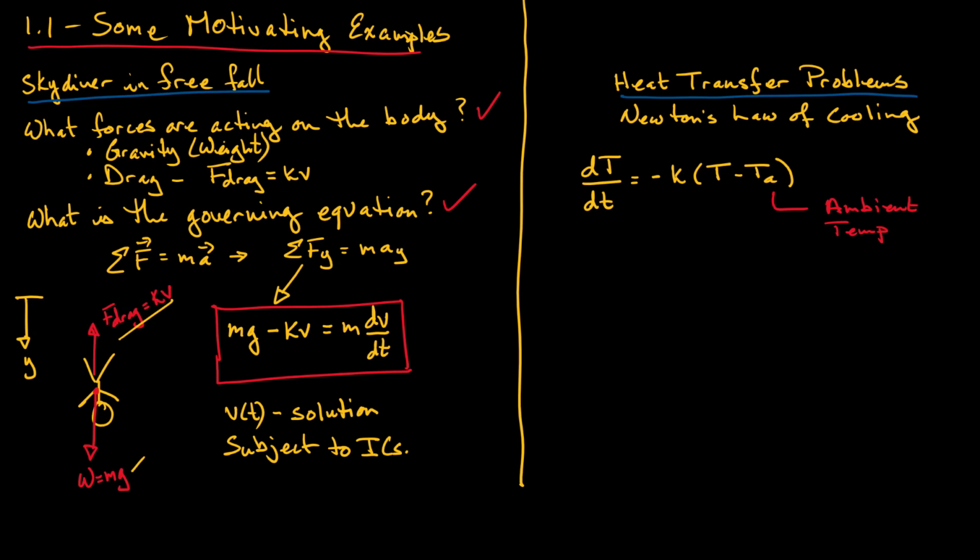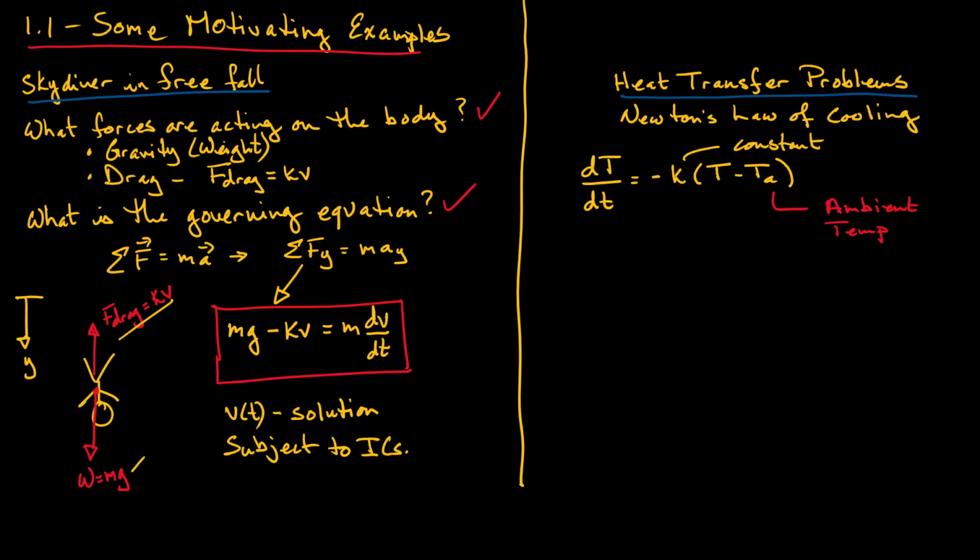The details of this will be covered later on in our study of differential equations. Here we have k, which is a constant, and T_A again is the ambient temperature. So the above differential equation could effectively model the temperature as a function of time.